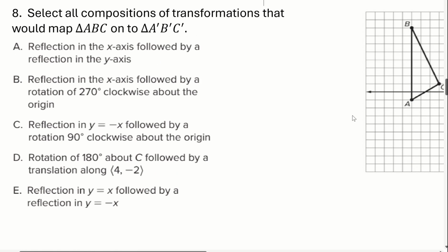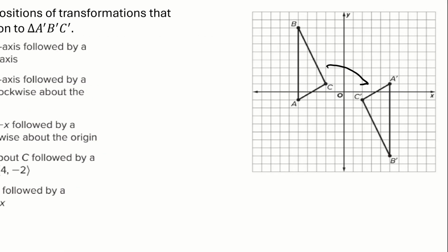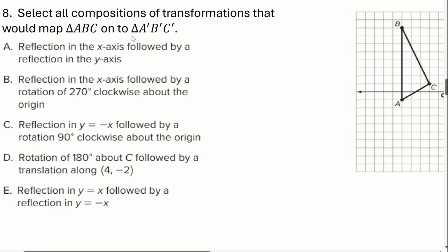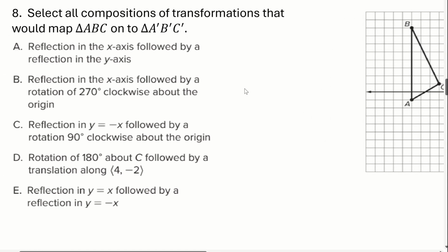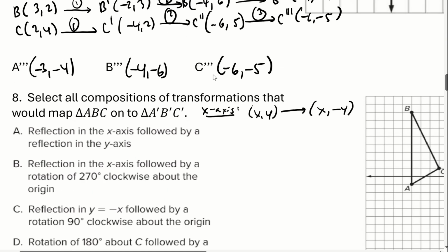So let's look at number 8. Select all compositions of transformations that would map triangle ABC onto A prime, B prime, C prime. So we need to select all of them that take us from here to there. All right, that's what we want. So let's see if A is right. Reflection in the x-axis followed by reflection in the y-axis. Okay, so remember the rule for reflection in the x-axis is that the y-coordinate changes, because that's what we did over here, right?